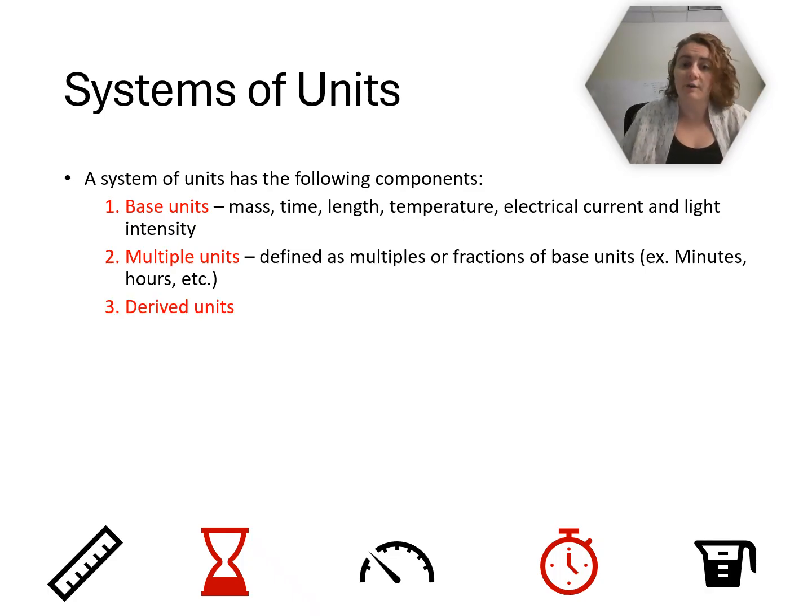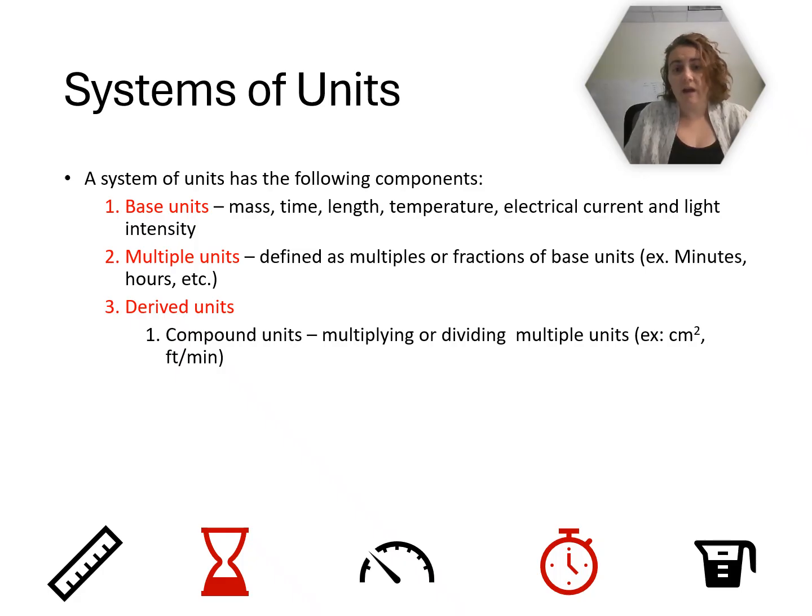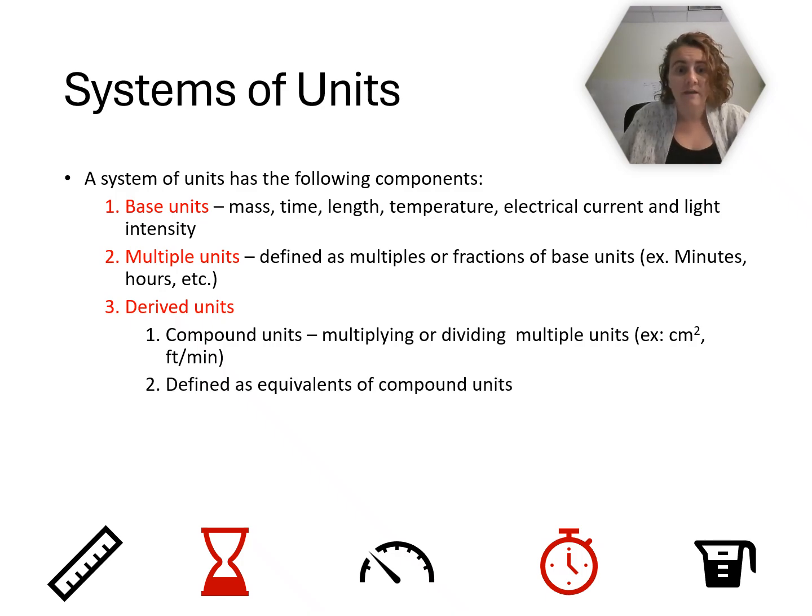Then we can also have what are called derived units. Derived units can be compounds, so they can be found by multiplying or dividing multiple units, for example, centimeters cubed, feet per minute. Or we could also have derived units that are defined as equivalents of compound units. So for example, 1 Pascal is equal to a certain number of atmospheres, which is equal to a certain number of newtons per meter squared.